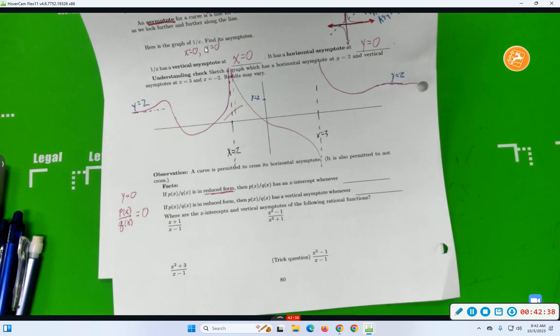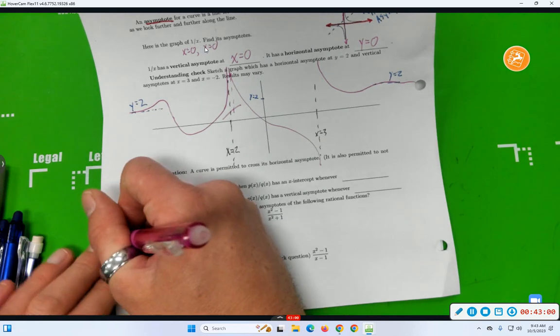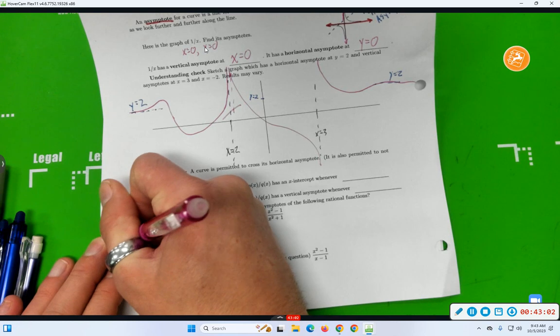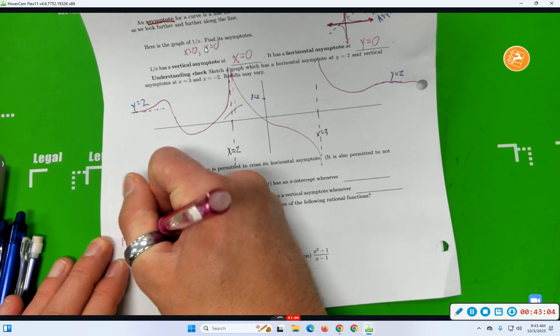And obviously we can't solve this all the way out for x without knowing what p and q are. But something you could do to simplify it a little at least: maybe multiply that q of x to the other side. So that would mean that p of x is q of x times 0.